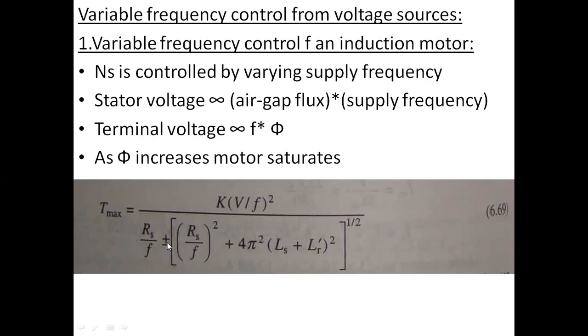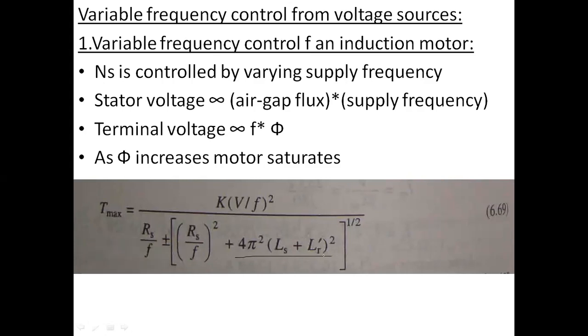And when the frequency is not low, that means Rs by f is less than 2 pi into Ls plus Lr dash. If the frequency is not low, that means 2 pi into Ls plus Lr dash is greater than Rs by f.